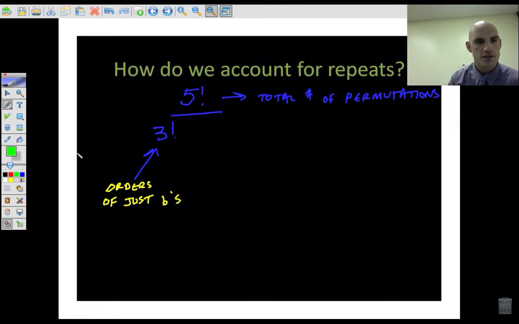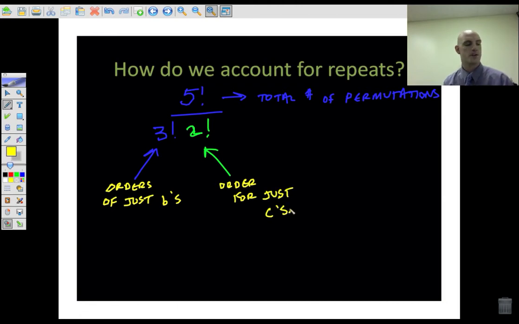And we're going to divide also by 2 factorial, which is the order for just the C's. Okay? That's going to account for our repeats.